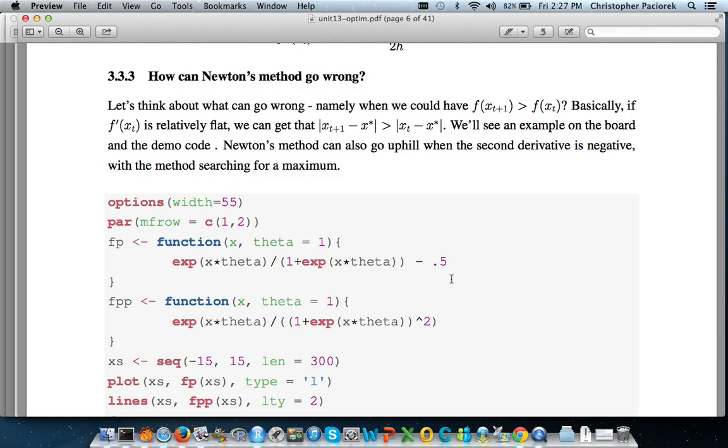I'm trying to picture a graph. Okay, so you're trying to think about the case where the second part is smaller than 0. Okay, smaller than 0, okay.